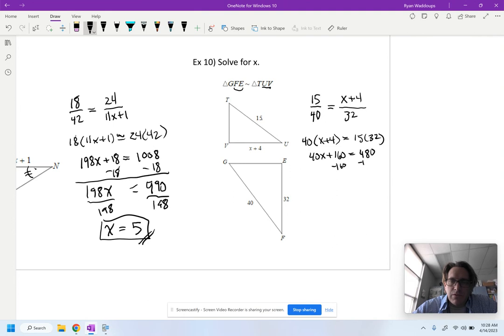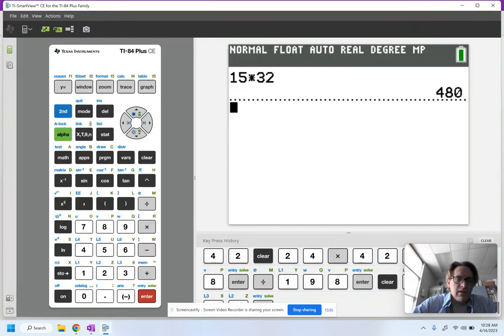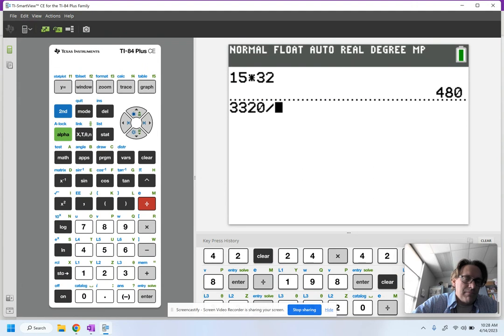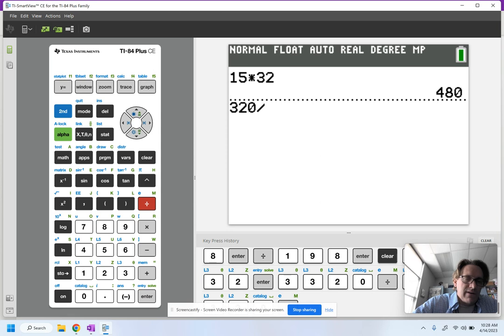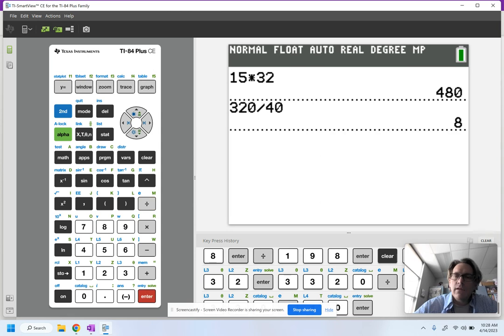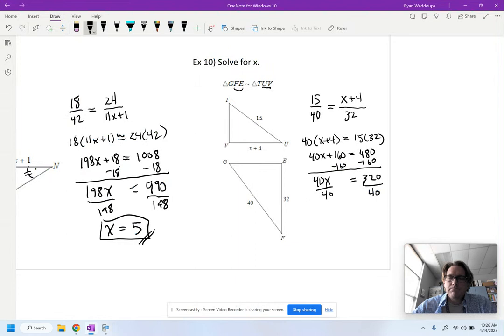So subtract 160 from both sides. 40x on the left is equal to 320. And then divide by 40. 320 divided by 40 is 8. So x then is equal to 8.